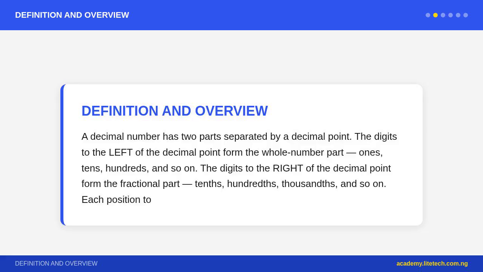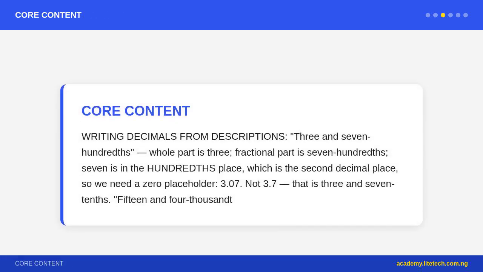Converting fractions to decimals. Method 1, denominator is a power of 10, convert the fraction directly. 7 tenths equals 0.7. 35 hundredths equals 0.35. 9 thousandths equals 0.009. Method 2, denominator is not a power of 10, divide numerator by denominator. 3 quarters, 3 divided by 4. 4 goes into 3 0 times, 4 goes into 30 7 times remainder 2, 4 goes into 20 5 times.